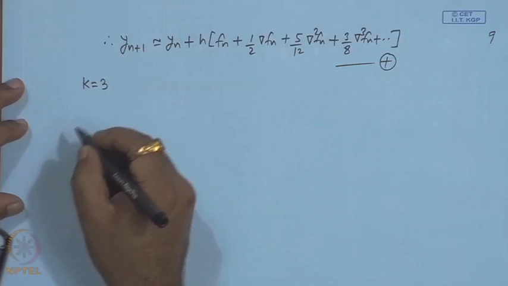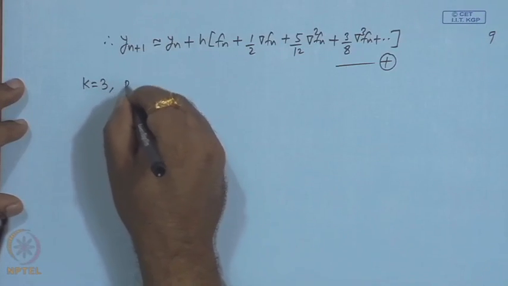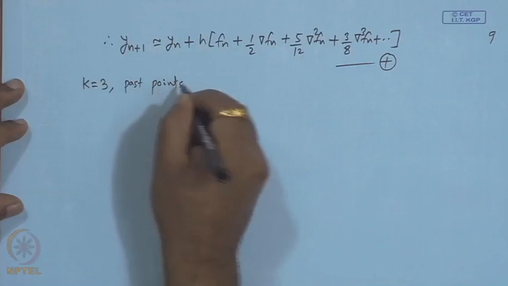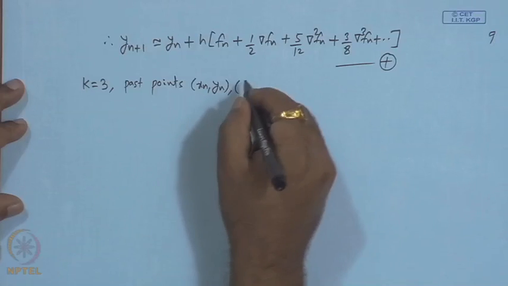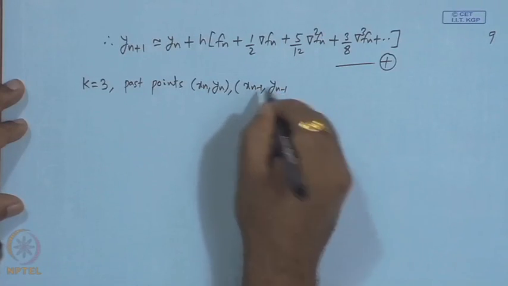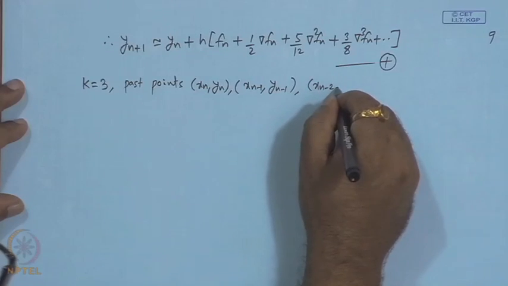K is 3, okay, and past points x n, y n, x n minus 1, y n minus 1, x n minus 2.